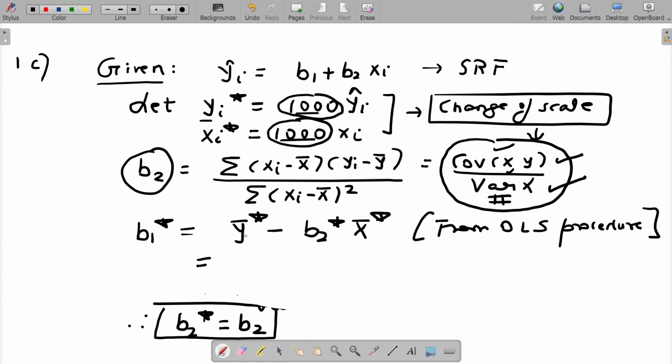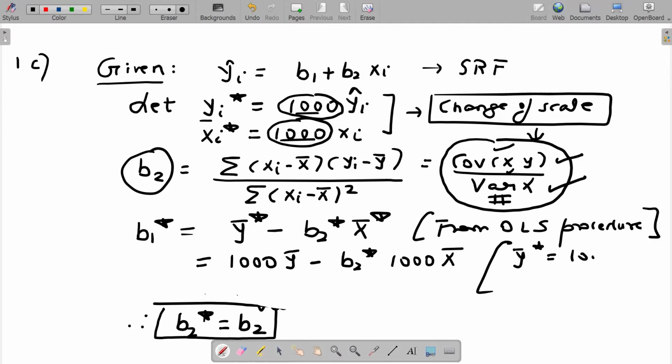Now, how much is y bar star? Y bar star is just 1000 times the original y bar, and x bar star will be just 1000 times the original x bar.